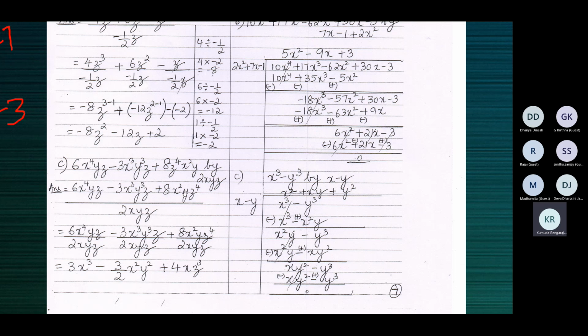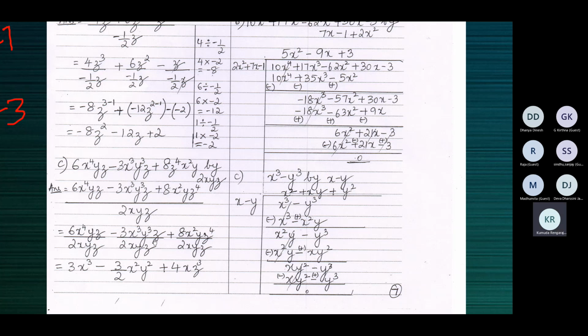In the third step here, 2 1s are 2, 3 is 3. YZ in the numerator and denominator gets cancelled. So x to the power 4 by x, which is x to the power 4 minus 1, x to the power 3.